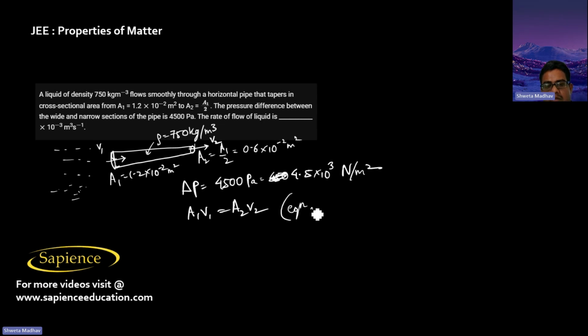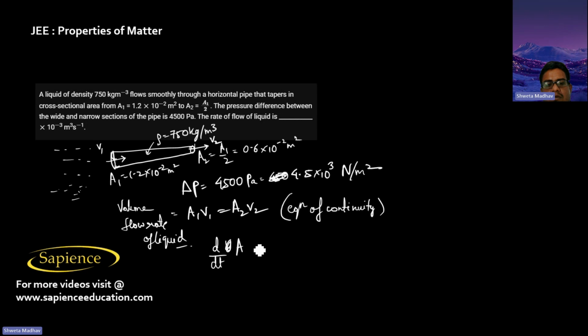Here we are using the equation of continuity. Now A1 V1 is also the same as the volume flow rate of the liquid. Why? If we do d by dt of the volume, which is A into X, then A into V only will come. So area of cross section into velocity is what is called the volume flow rate.